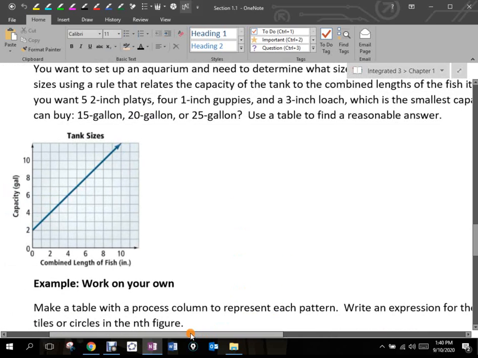My input column is going to come from this chart, okay? This chart is a linear graph that basically is going to allow me to create some input-output comparison. So I'm just going to make our table here.